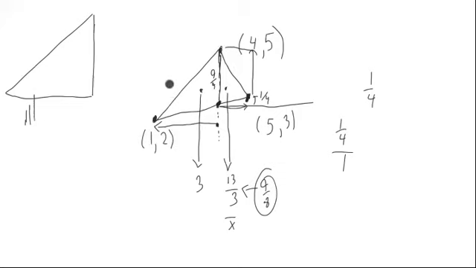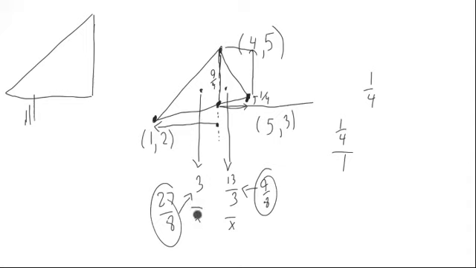That would be 27/4, but then divide by 2, so 27/8. That is the area associated with that X bar.